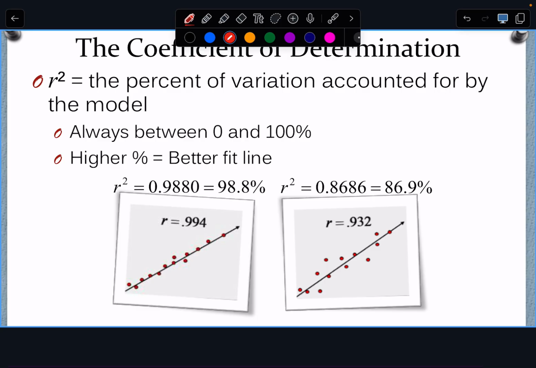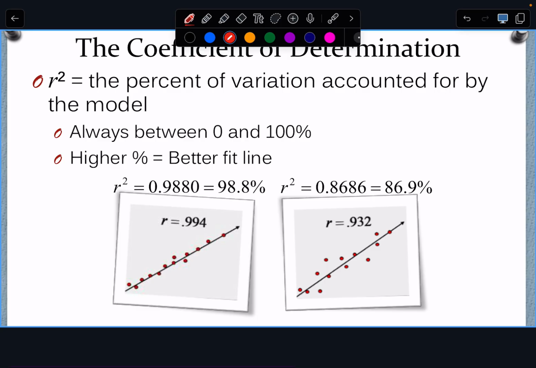Now correlation squared is always going to be reported as a percentage. And when we interpret it as a percentage, so 98.8%. Or for the one on the right, correlation value of 0.932, square the 0.932, we get 0.8686. So our correlation squared would be about 86.9%.